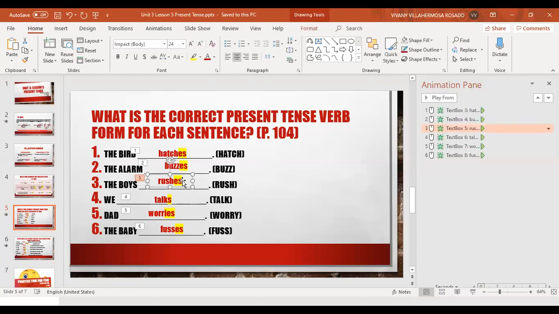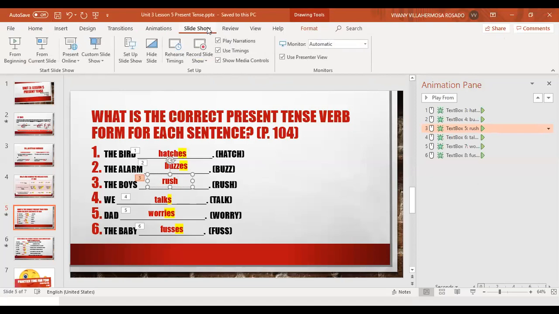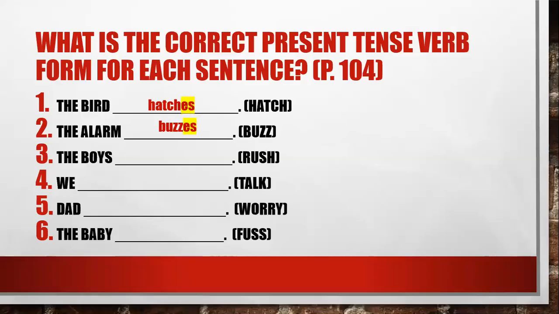So the boys rush, right? Just bear with me for a minute, and then we can continue. So the boys rush. You don't change the verb because the subject is plural.